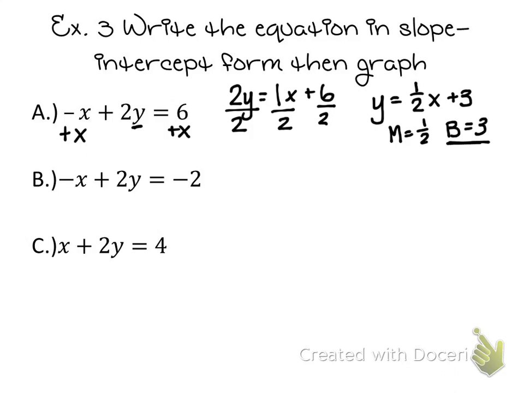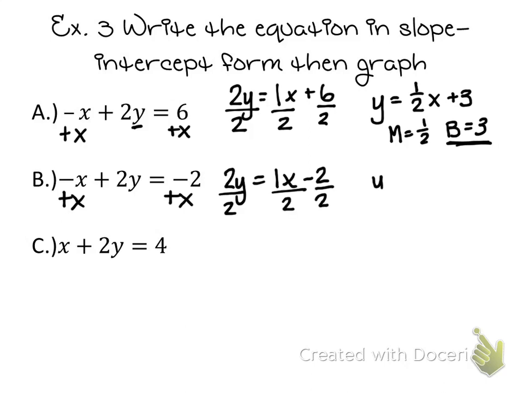What should I graph first? The y-intercept. Always, always, always graph the y-intercept first. Then use that point, the y-intercept, so 3, and I would use my slope to find the next point. Okay, let's go ahead while we're at it and put all of these in y equals mx plus b form. So I would add x to both sides, and I'd get 2y equals 1x minus 2, and I divide everything by 2.